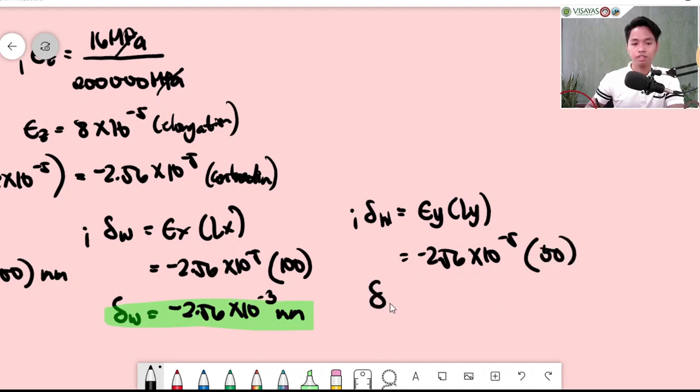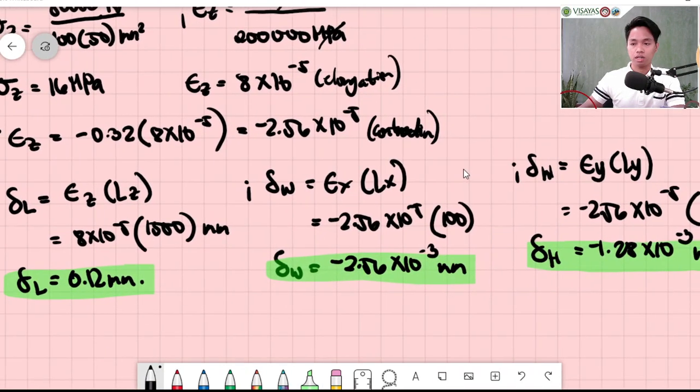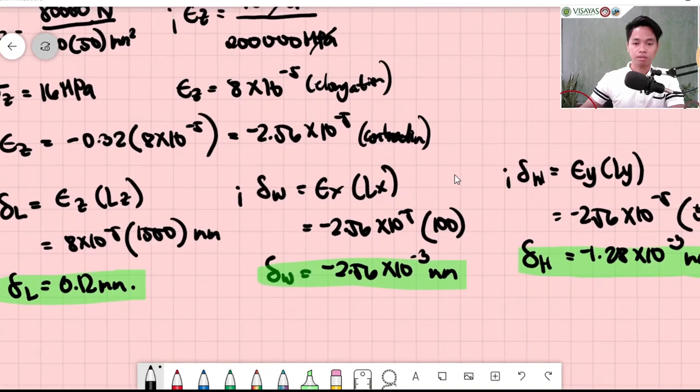So therefore, your change in height is equivalent to negative 2.56 times 10 to the negative 5 times 50. That would be negative 1.28 times 10 to the negative 3 millimeters. Again, negative because it contracts, which is true. So if the one side elongates, the two lateral axes would reduce or contract.